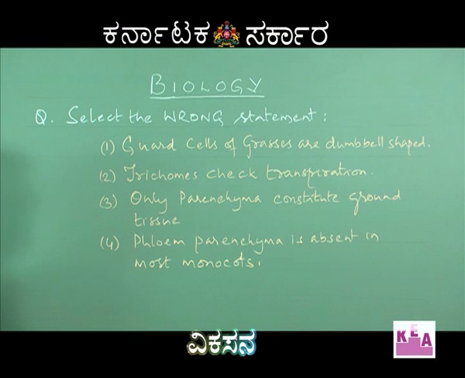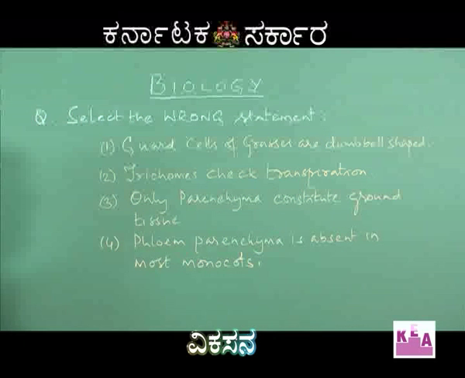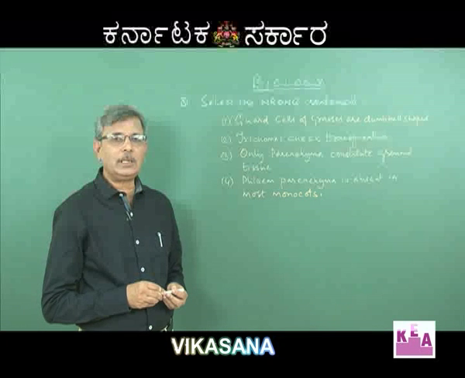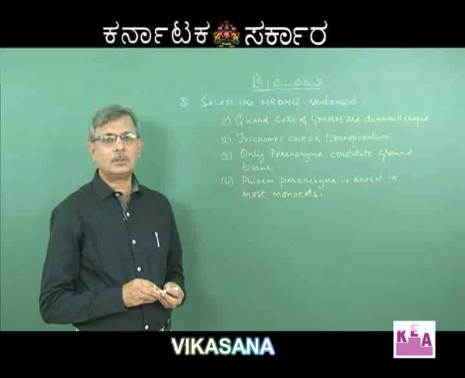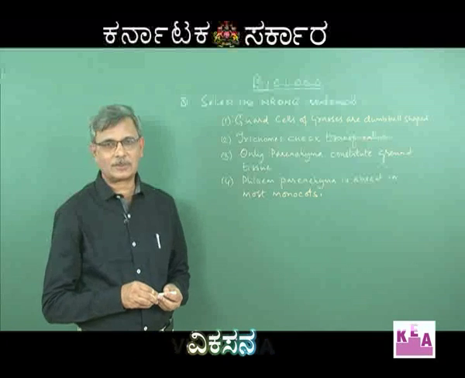The question is, select the wrong statement. Let us come to the options. Guard cells of grasses are dumbbell shaped. I hope all of you know grass is a monocot. When you talk about stomata, they are the openings through which transpiration occurs.